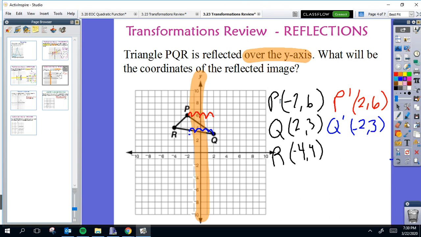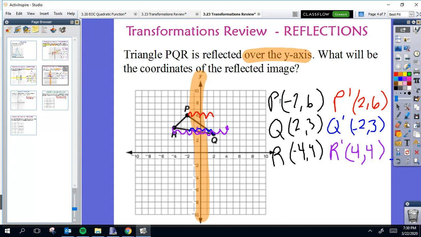And then my last value is for R. It's right here. I need to go in this direction. So I'm going to count 1, 2, 3, 4. It is 4 from the y-axis. I need to go an additional 4. 1, 2, 3, 4. And that brings me to right here. My R prime value is going to be 4, comma 4.